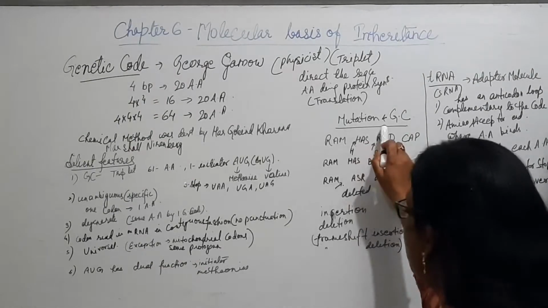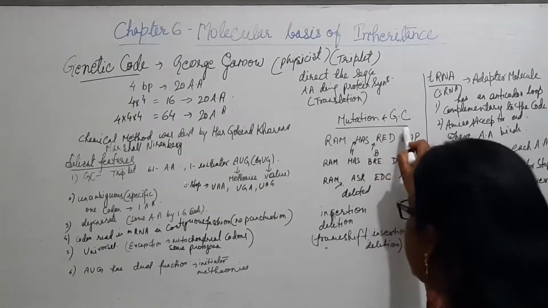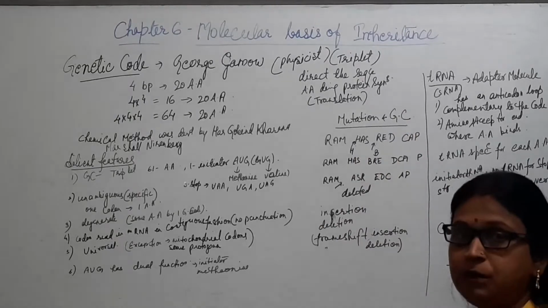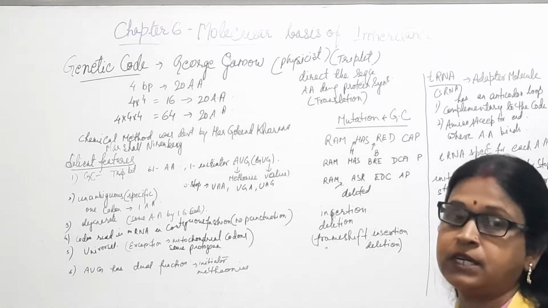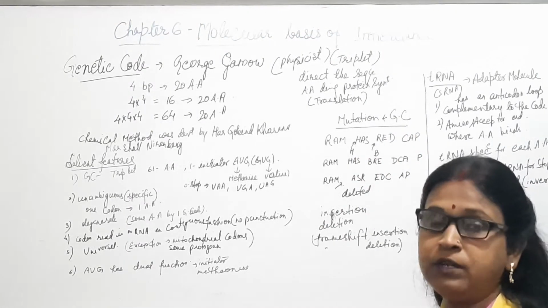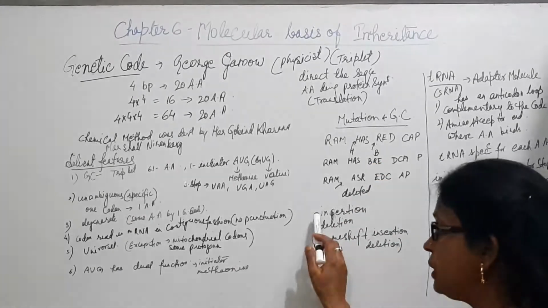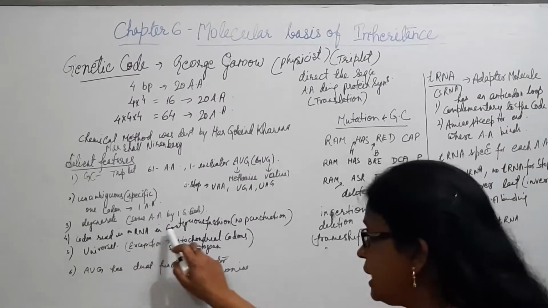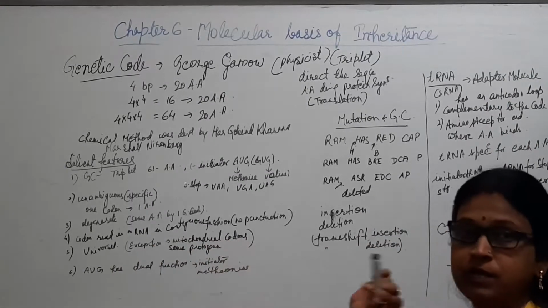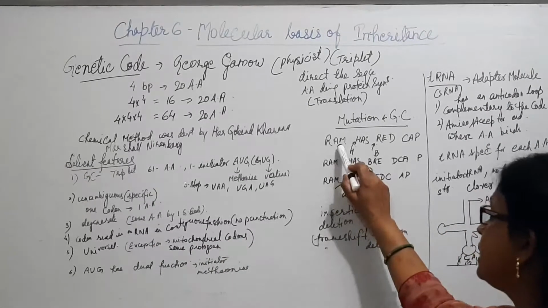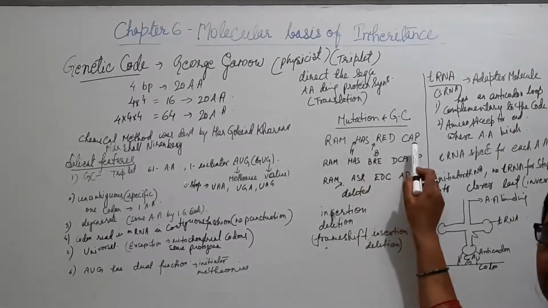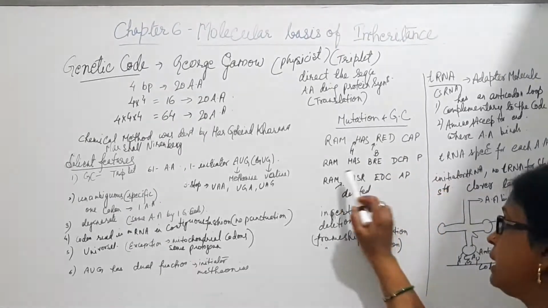Now, what is the role of the genetic code? If there is any mutation, then what will be the effect on the phenotype or genotype? We can understand that through this example, because we know that it is read in a continuous fashion, no punctuation is there. So we can see here: RAM HAS RED CAP, because no punctuation will be there.